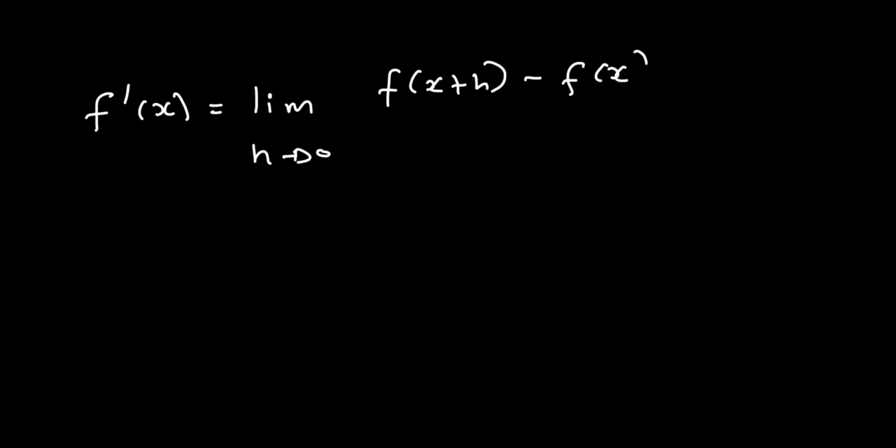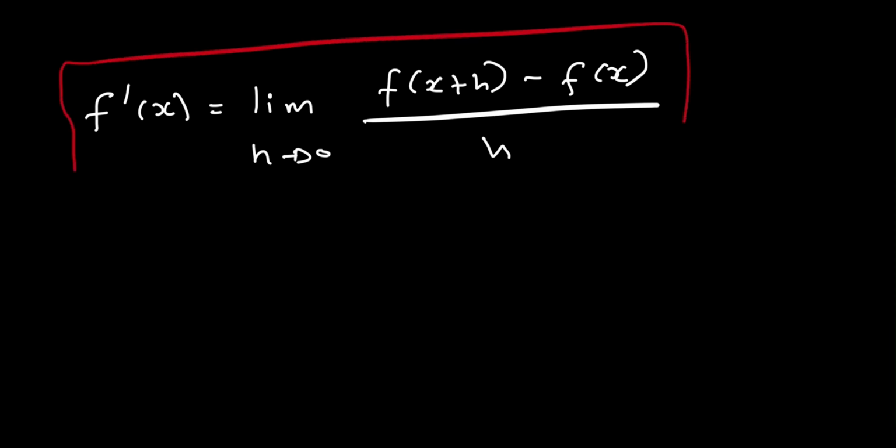The first derivative of x is equal to the limit as h is approaching 0, f at x plus h minus f at x, all divided by h. So now this is the equation that you need to know for you to be able to do finding the first derivative using the first principle.